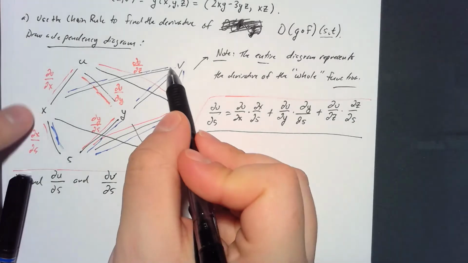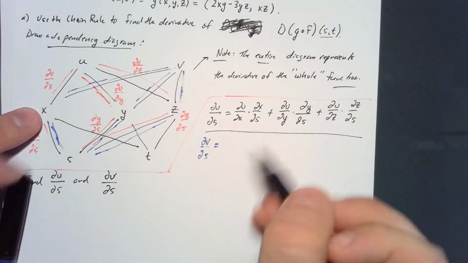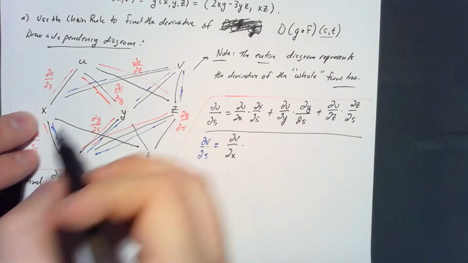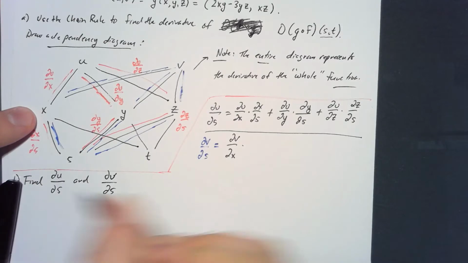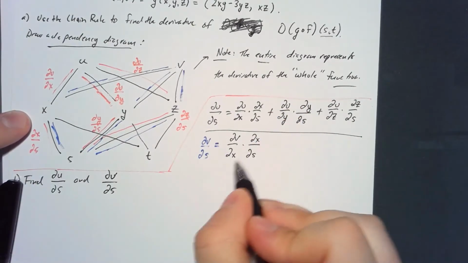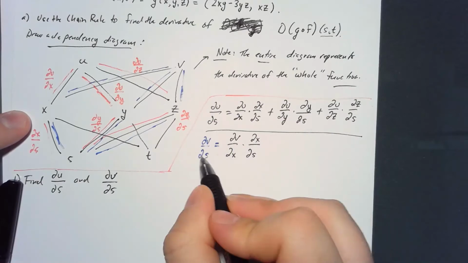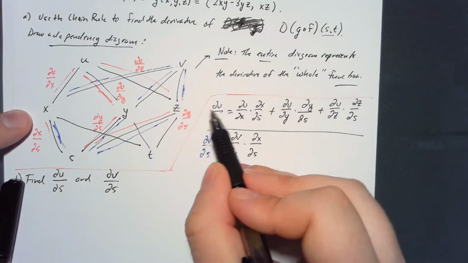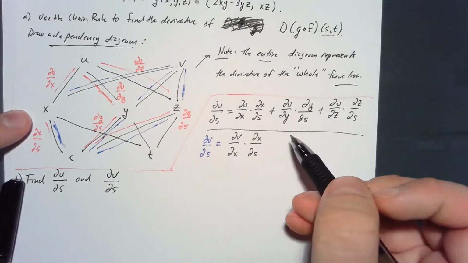So this branch right here is dv/dx times dx/ds. You can see how the dx is canceled and I'm left with dv/ds. Just like here, the dy's cancel, the dz's cancel, leaving the original term dv/ds in each one.